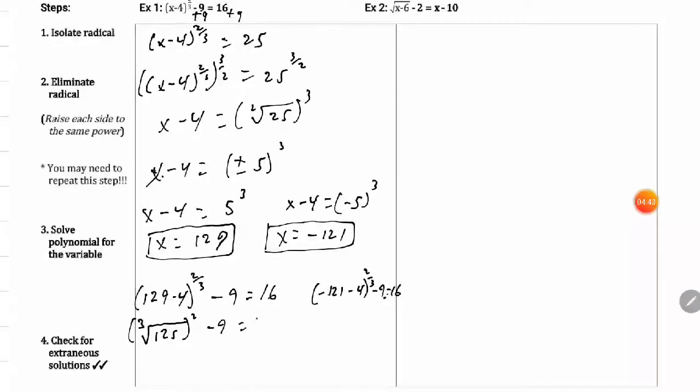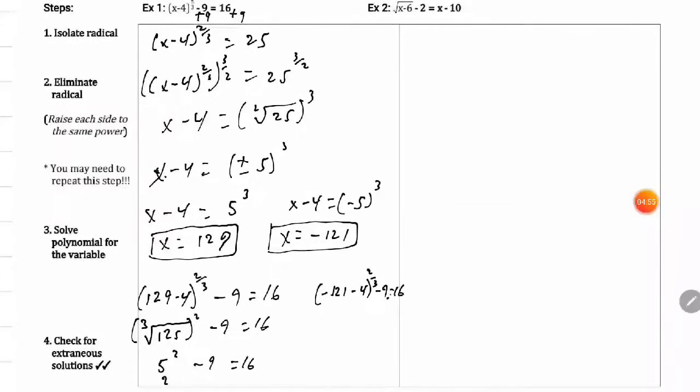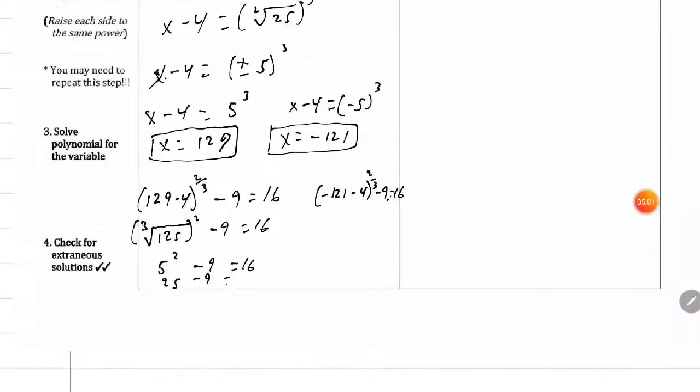Minus 9 equals 16. So the cube root of 125 is 5. 5 squared is 25. So 25 minus 9, does that equal 16? 16 does equal 16.